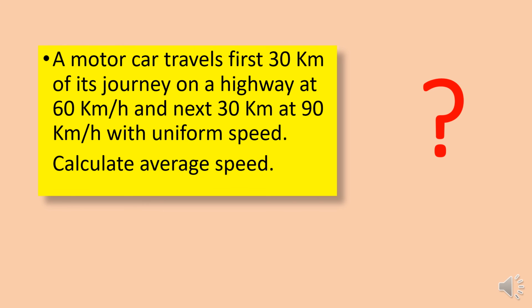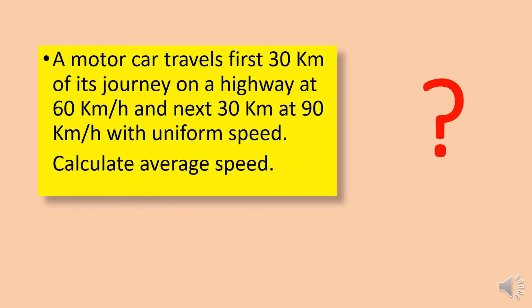I am reading the question again. Pause the video, solve it in your notebook first, and you will find the answer in the first comment of the video. I'll check your answers from there. A motor car travels the first 30 km of its journey on a highway at 60 km per hour, and the next 30 km at 90 km per hour with uniform speed.